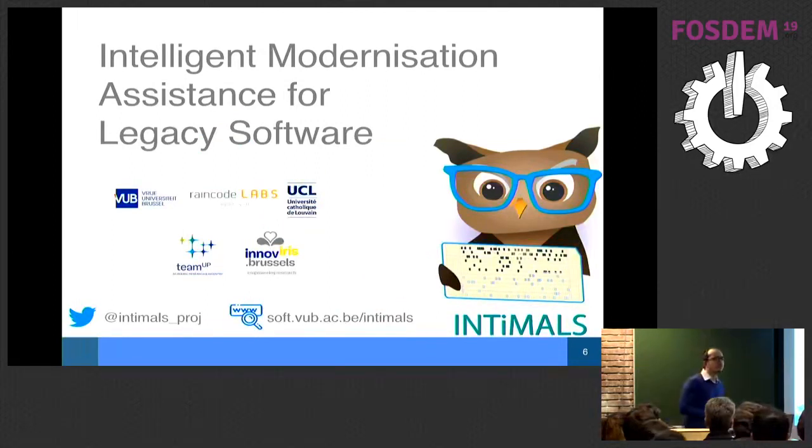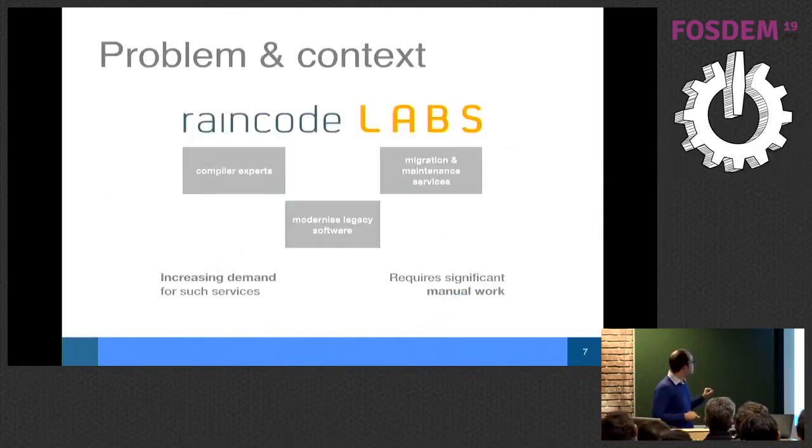Last year in Brussels, we started a collaboration with a company that is called Raincoat, and is based in Brussels. Raincoat is a company that is working on compilers. So they are very good in modernizing software languages, and maybe it seems to be a bit strange, but even if today we have really modern languages, we have really a lot of code that actually is still in legacy code.